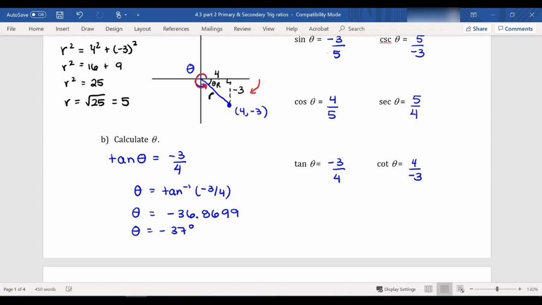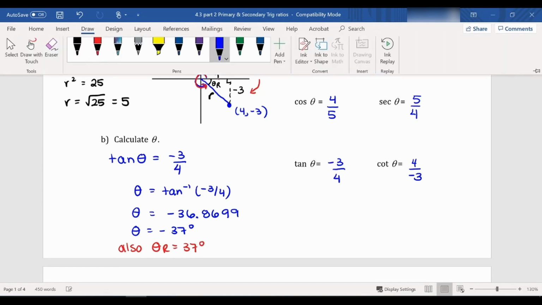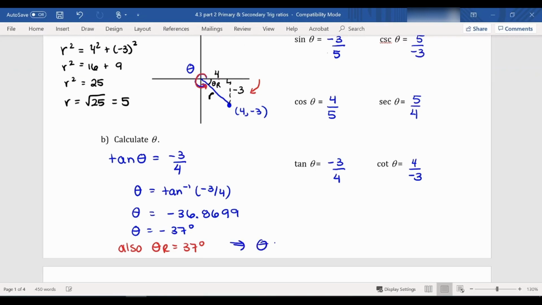So if 37 degrees is essentially my reference angle in there, I could write this instead as theta equals whatever 360 minus 37 is, which gives me 323 degrees.